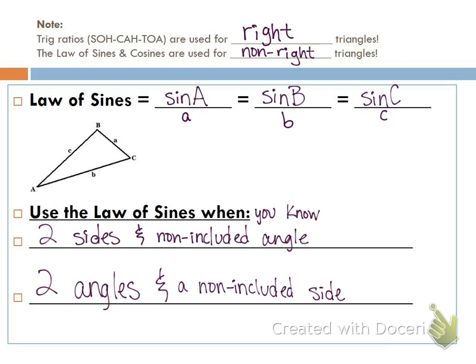If you have an included angle between your two sides or an included side between your two angles, you won't have enough information to use the law of sines.